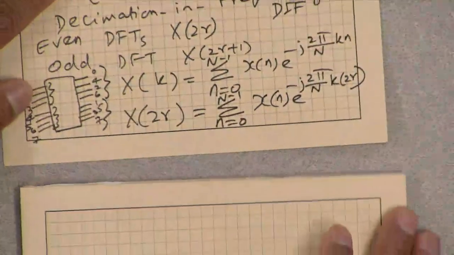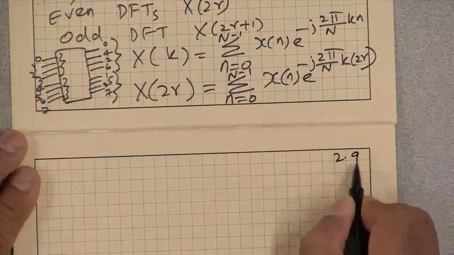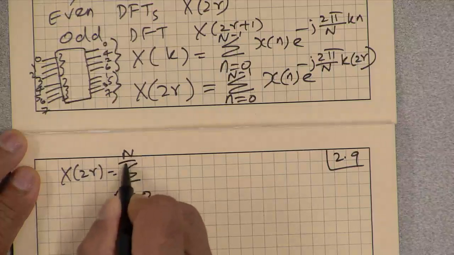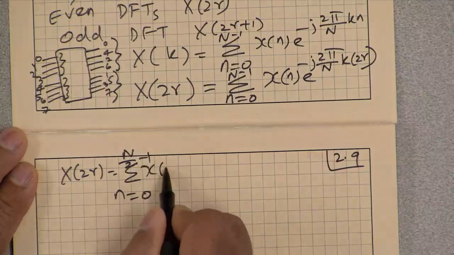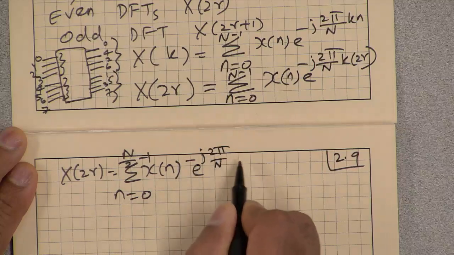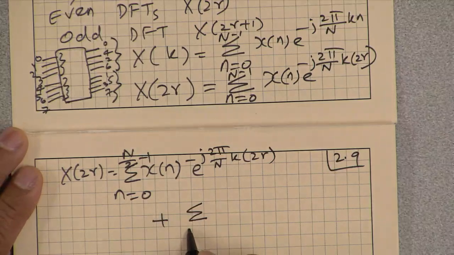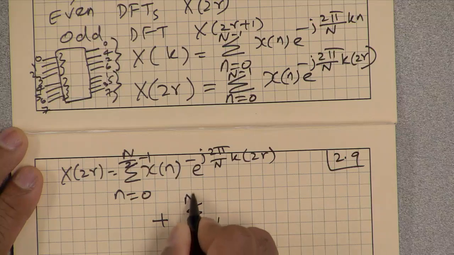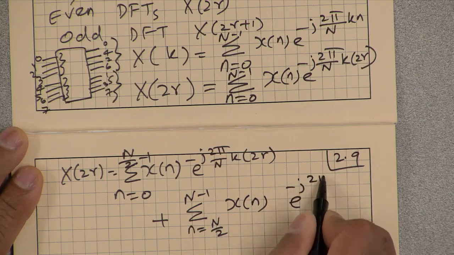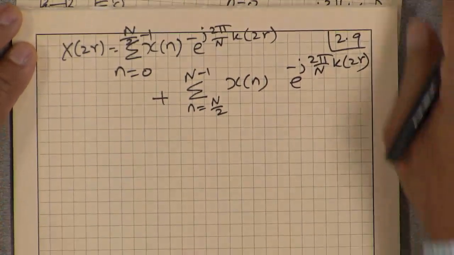So that quantity can be written as X[2r] is equal to the sum from n equal to 0 to N by 2 minus 1 of x[n] e to the power minus j 2 pi by N k 2r, plus the sum from n equal to N by 2 to N minus 1 of x[n] e to the power minus j 2 pi by N k 2r.